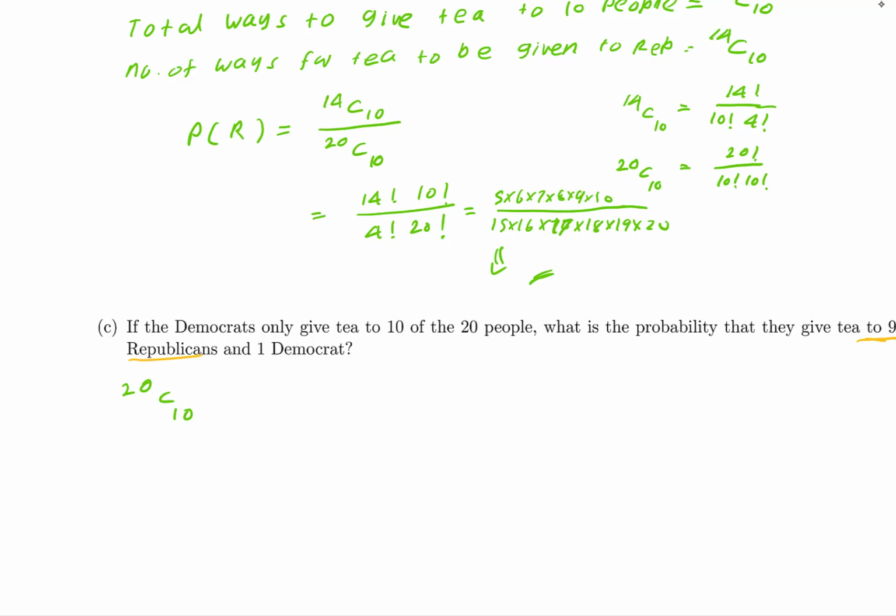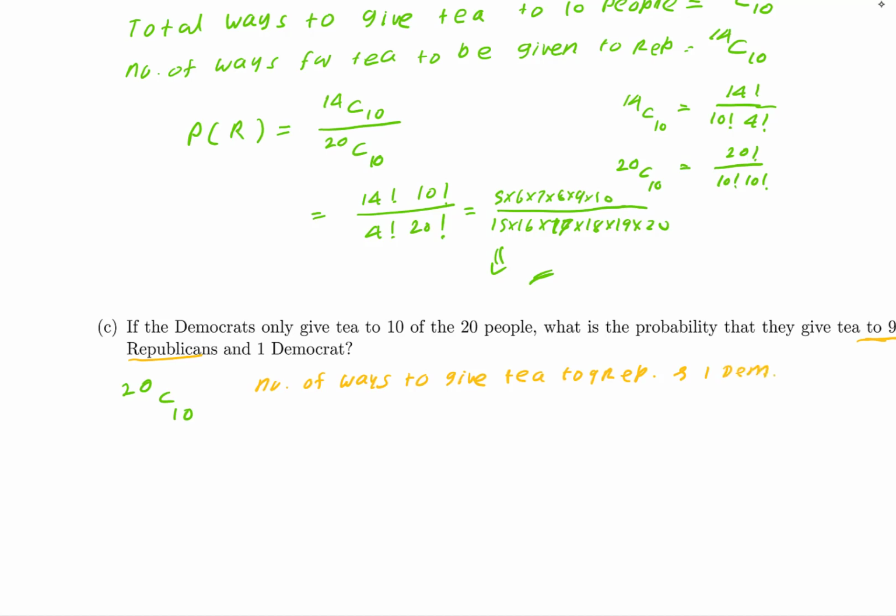Yeah, let me write down. Number of ways to give tea to 9 Republicans and 1 Democrat, right?